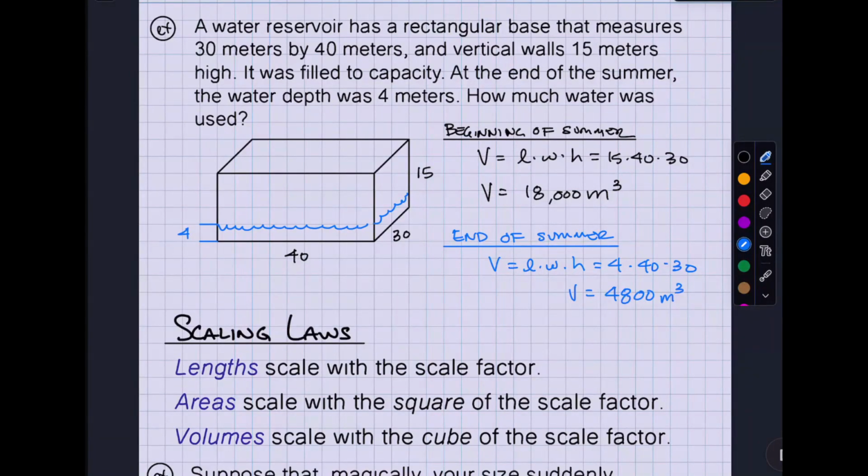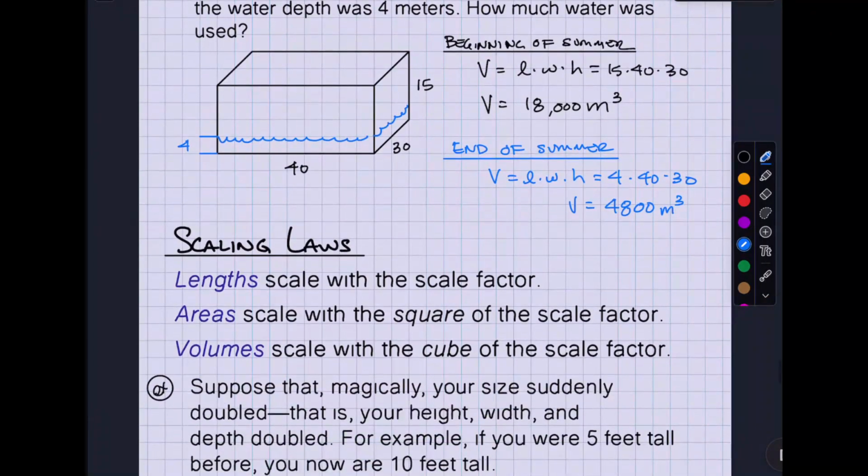Yeah, you lost 13,000. Yeah, I gotcha. So at the end of the summer, how much did we use? Right? You said 13,000 what? 200? Are we okay there, guys? Does that make sense? Do we know where all these numbers came from?